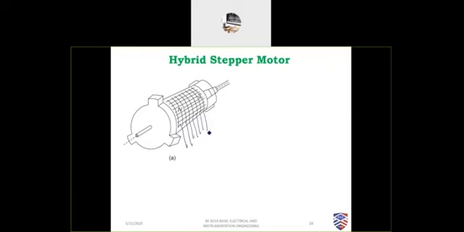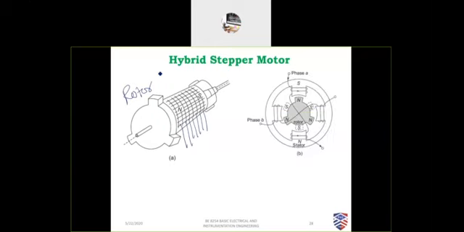Here, one stack will have a north pole, another will have a south pole, so that you'll have more rotations. This is the rotor, and this is the stator and rotor placed. One will be north, another will be south at the end. If you have stacking, you can have more number of steps. It's also available in the book.